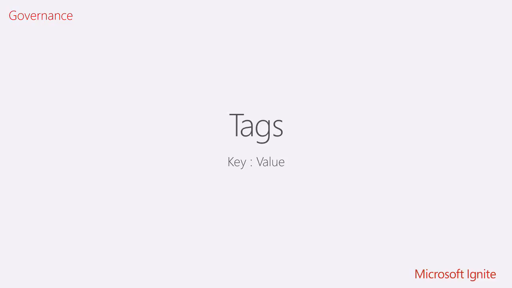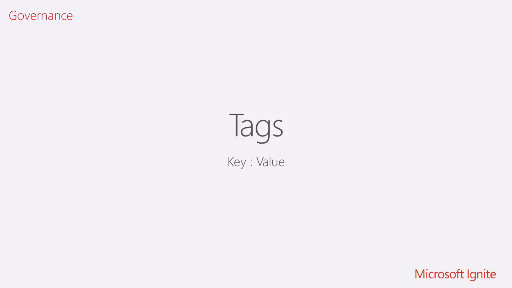Utilization of tags, and this is really important. It might be simple, but it's really important because you can tag your services with key value strings. So you can say, for example, a certain web application, department, HR. Another web application, department, accounting.